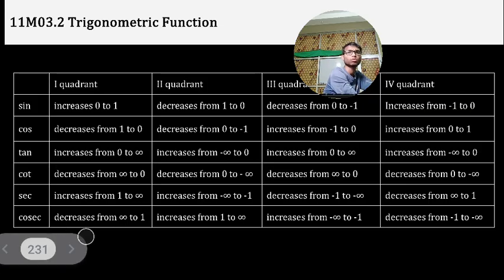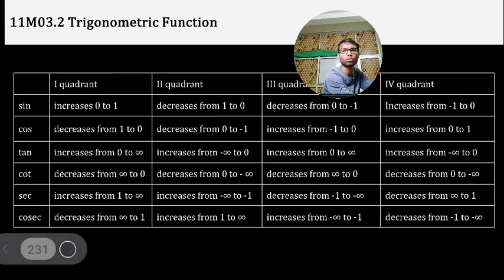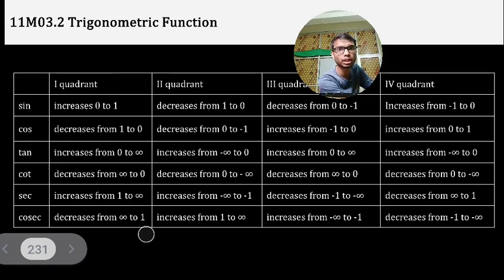Cosec x: decrease, increase, decrease, from infinity to 1, 1 to infinity, negative infinity to −1, and then −1 to negative infinity. Sec and cosec take values from 1 to infinity and infinity to 1, while tan and cot go from 0 to infinity and infinity to 0.